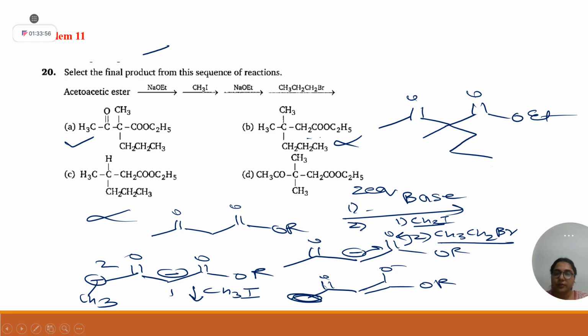Understood? This concept is very important, that you can write in your copy. The least stable carbanion will be more reactive. So this is a key point in this chemistry.